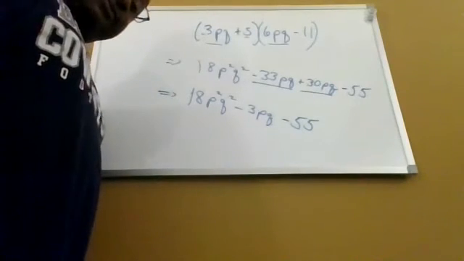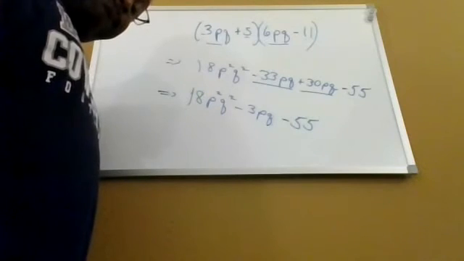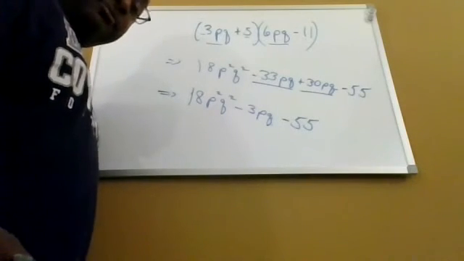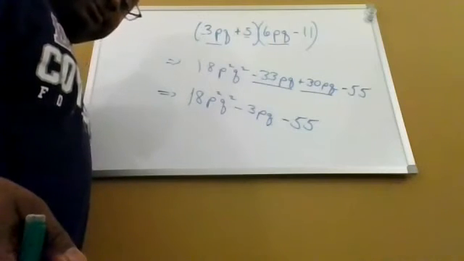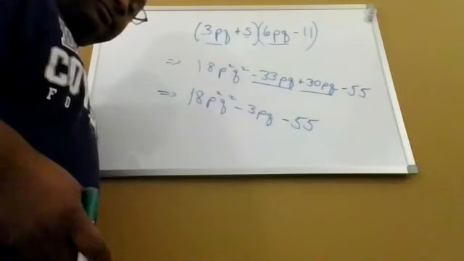So I know it's a lot of steps involved, but think of it as using the distributive property twice, and then we combine like terms.